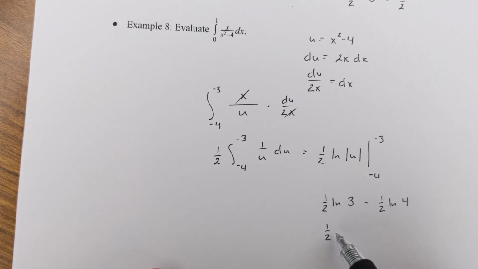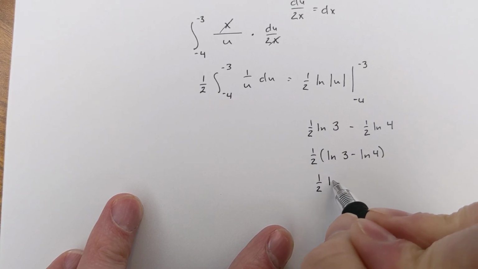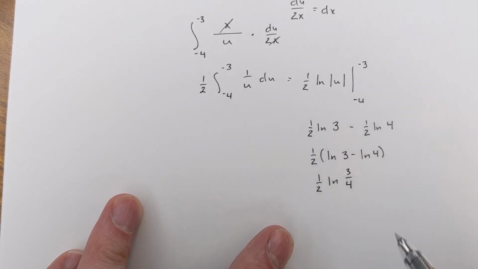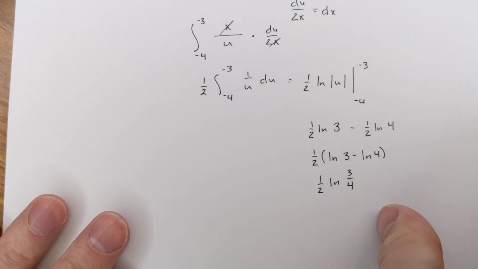So that's 1/2 times the natural log of 3 minus the natural log of 4, because a property of logarithms says if you have a difference, you can actually rewrite it as a quotient. So 1/2 the natural log of 3/4 is the final answer. And that brings us to the end of the section.